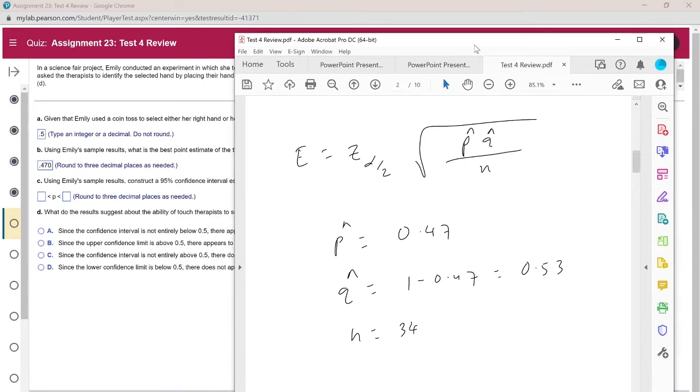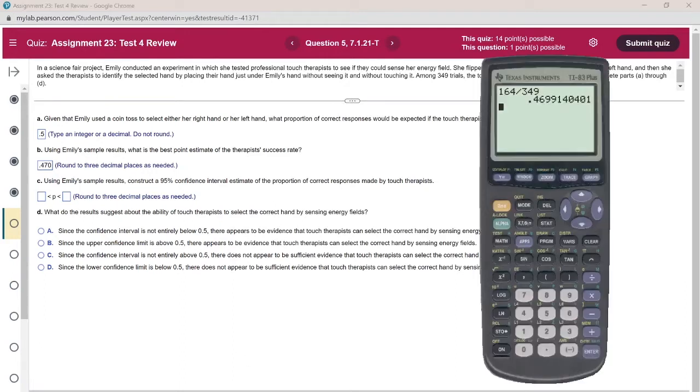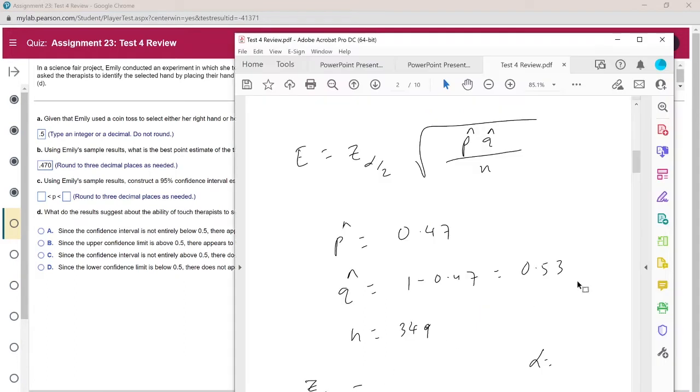And the critical value z alpha over 2: first of all, alpha is given by the 95% confidence level, so alpha should be 5%, which is 0.05, and then alpha over 2 means 2.5%, which is 0.025.